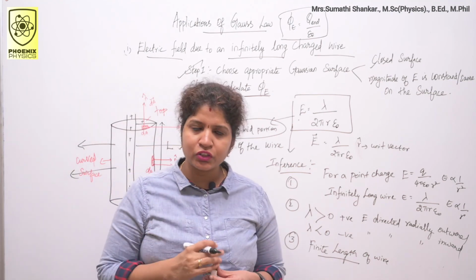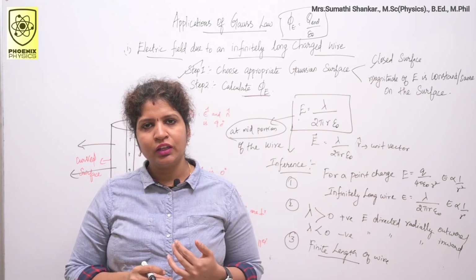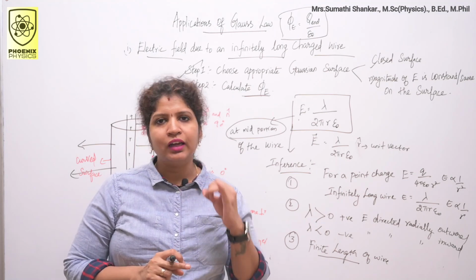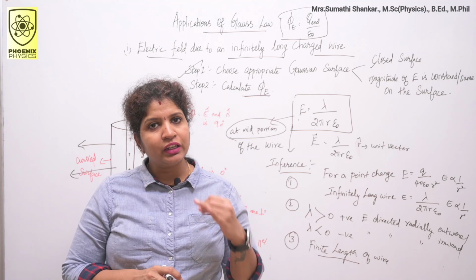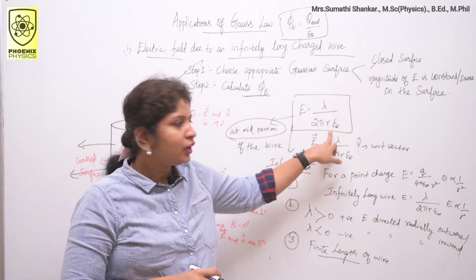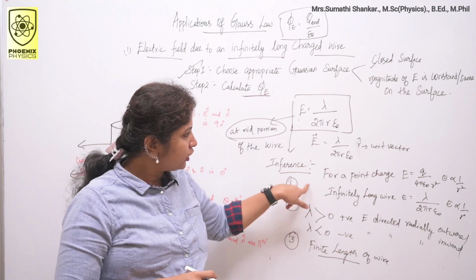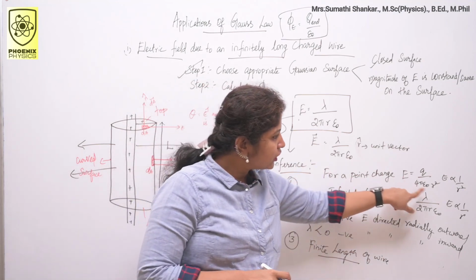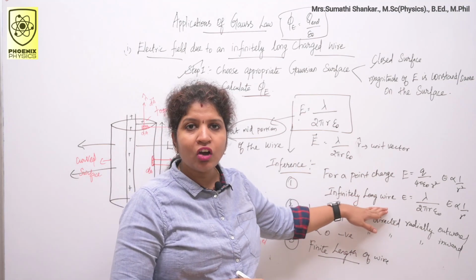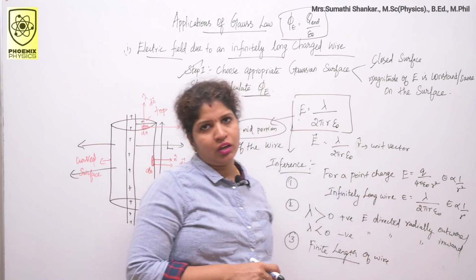So far we discussed how to draw a Gaussian surface. In this first application, we have drawn a cylindrical Gaussian surface. Then we derived the E value, that is lambda divided by 2 pi r epsilon naught. Then we discussed 3 points. First, for a point charge E is inversely proportional to r square, and for an infinitely long charged wire E is inversely proportional to r.